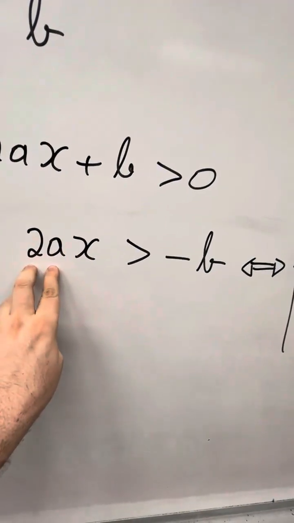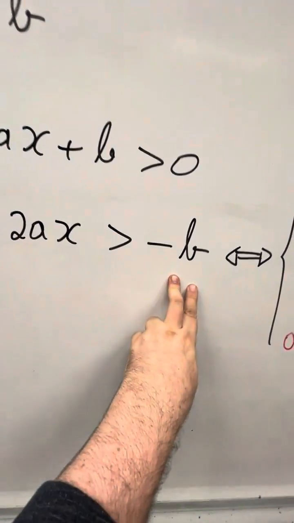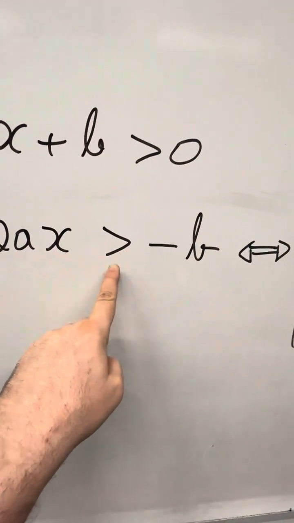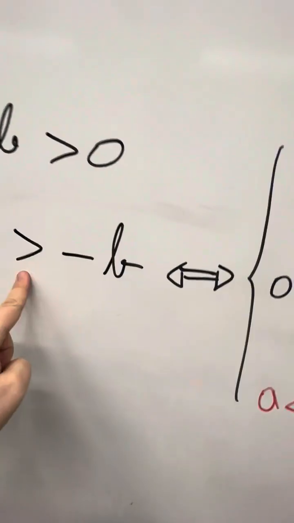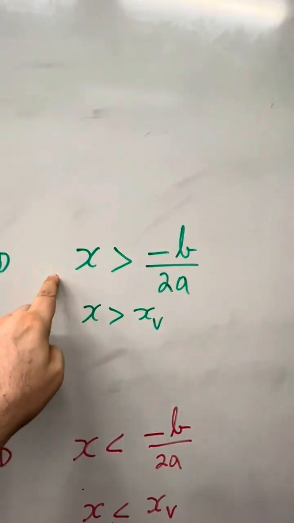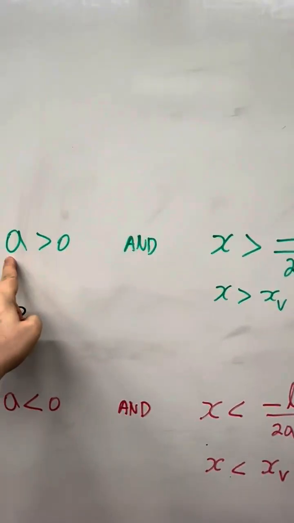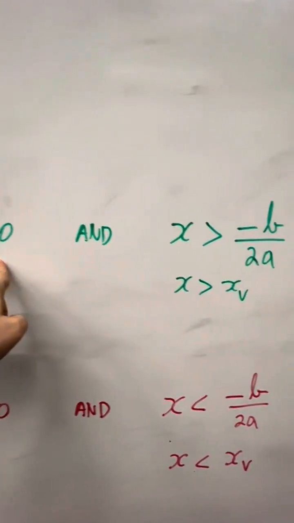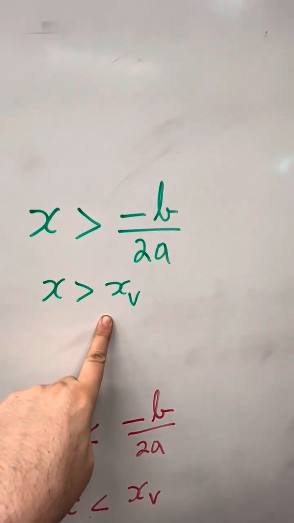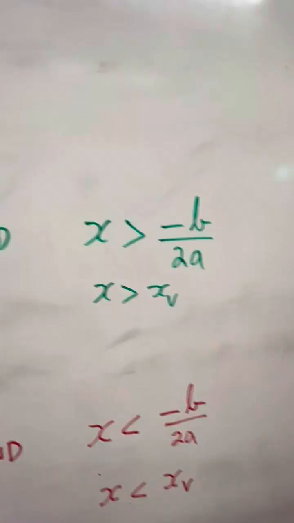If the a is positive and I divide both sides by 2a, I do not change the sign. Dividing by a positive number, I keep the sign of the inequality like that. So x is going to be bigger than minus b over 2a. But this is when a is positive, right? And minus b over 2a is the x of the vertex, the x-coordinate of the vertex of the parabola.